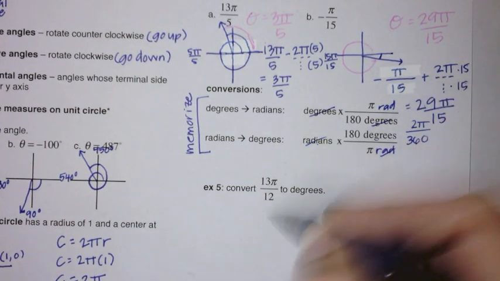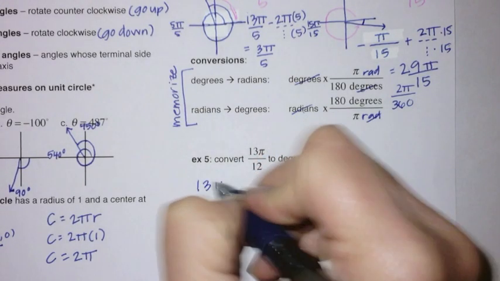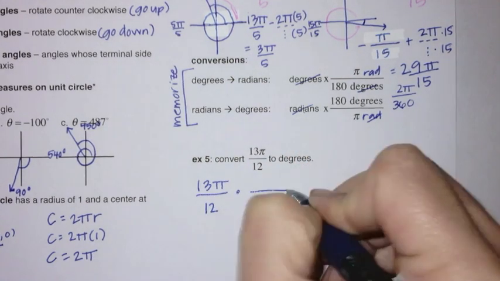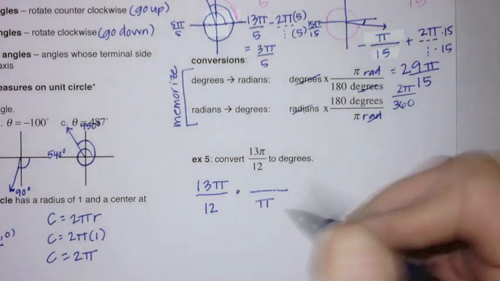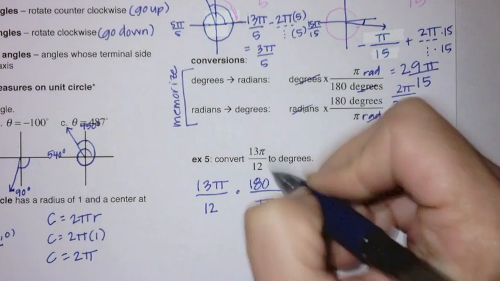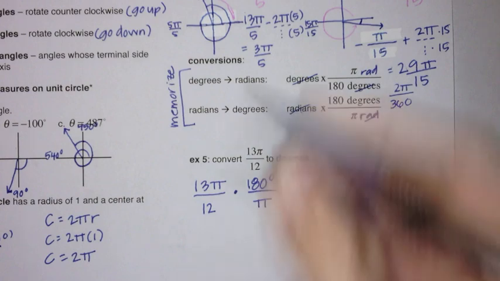So our last example just says to convert 13 pi over 12 to degrees. So we do 13 pi over 12. We want to go to degrees, so that means that the pi needs to be in the denominator so that the unit can cancel out, and pi and 180 degrees are coterminal, just in different form actually.